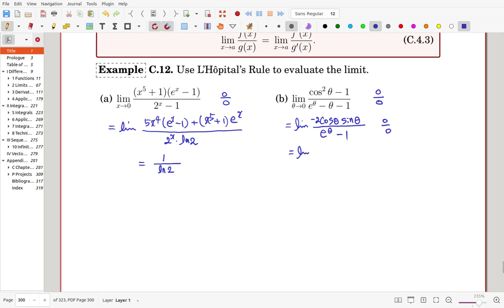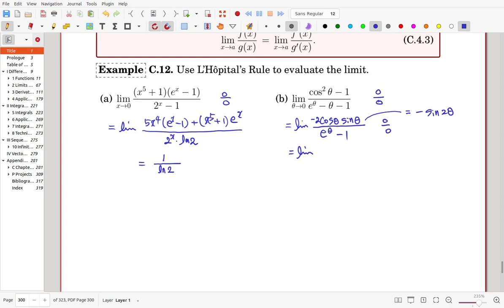Now the limit, and we take the derivative of the top. But anyway, we'll do a little bit of simplification. That is the same as minus sine 2 theta.